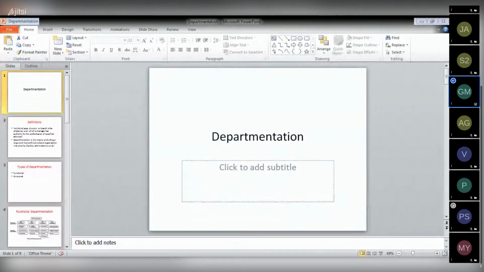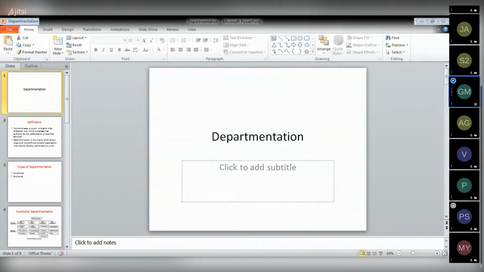So in module 5, lesson 2 is departmentation. See, departmentation is the foundation of the organization structure itself. What do we mean by departmentation?